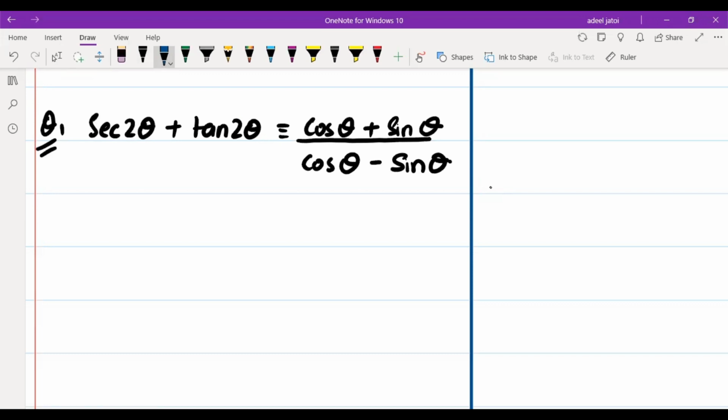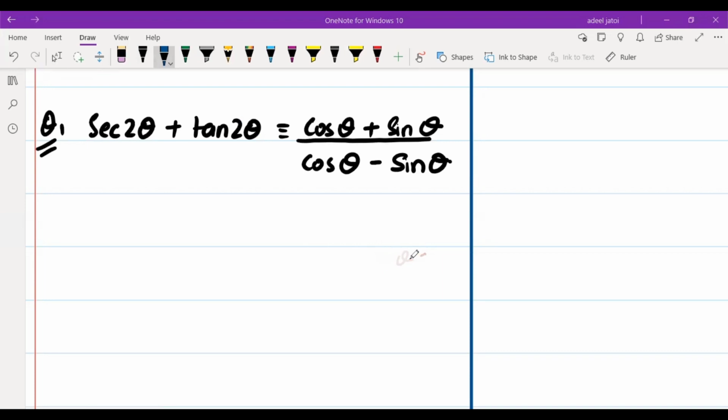your sec 2 theta can be written as 1 upon cos 2 theta, whereas tan 2 theta can be written as sin 2 theta upon cos 2 theta. These are your identities. That means sec 2 theta is 1 upon cos 2 theta. Normally, sec theta is 1 upon cos theta.